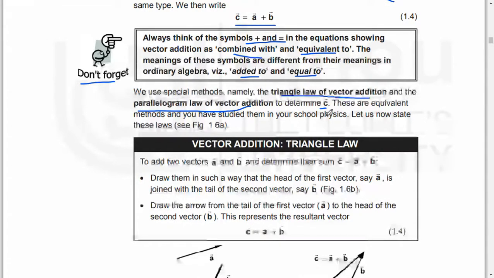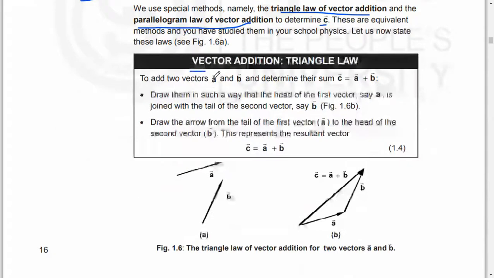Figure A. Vector addition, triangle law. To add two vectors A and B and determine the sum C vector equal to A vector plus B vector, draw them in such a way that the head of the first vector, say A vector, is joined with the tail of the second vector, say B vector.